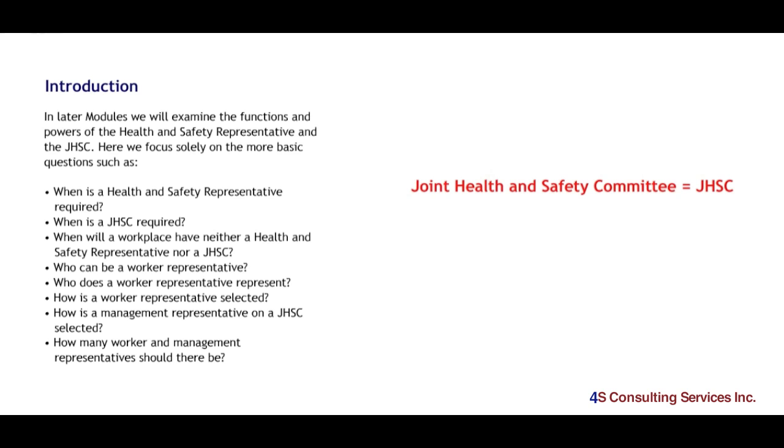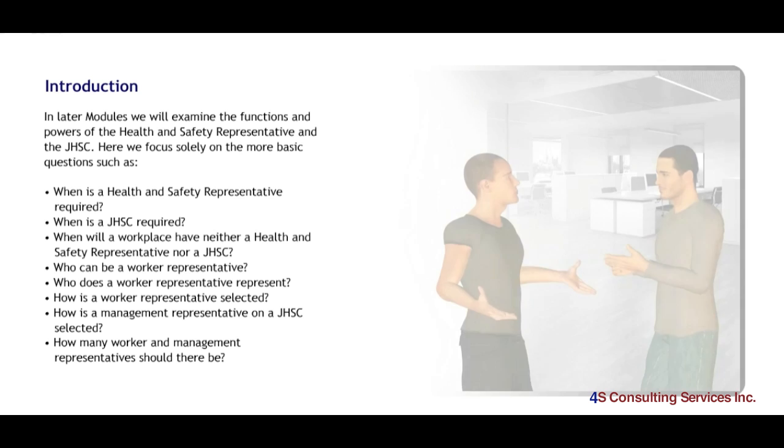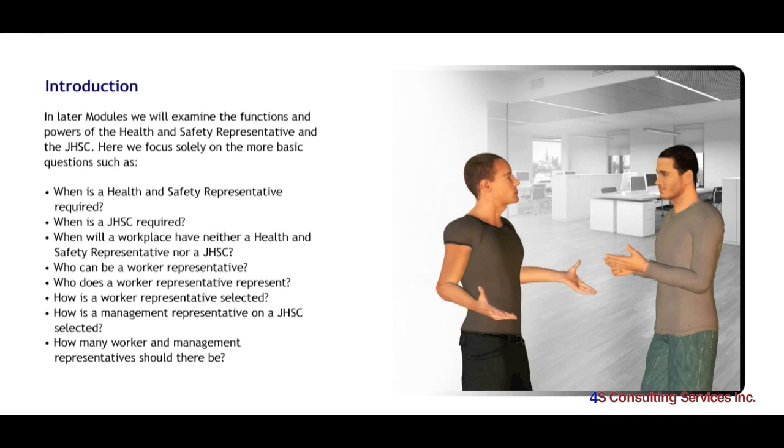Introduction. In later modules, we will examine the functions and powers of the Health and Safety Representative and the JHSC. Here, we focus solely on the more basic questions, such as: when is a Health and Safety Representative required? When is a JHSC required?